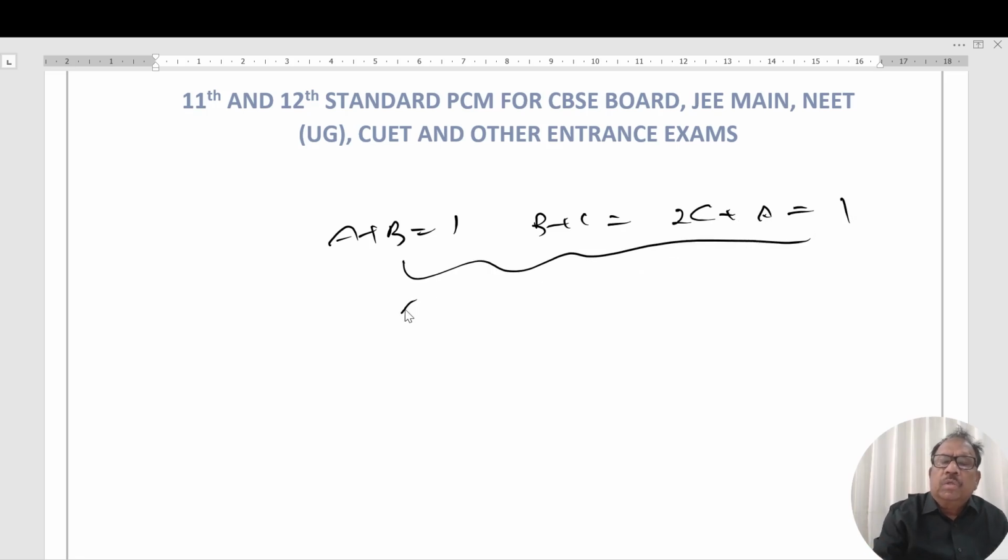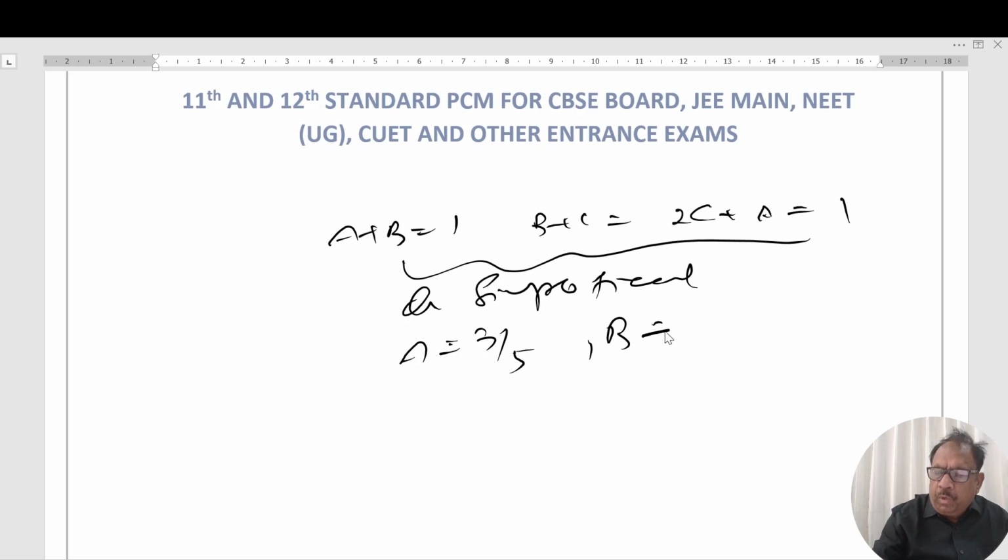On simplification, first add all the three equations, then find A, b and c. A comes out to be 3 by 5, b comes out to be 1 by 5 and c comes out to be 2 by 5.